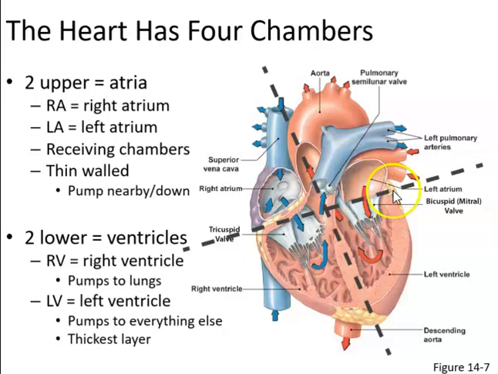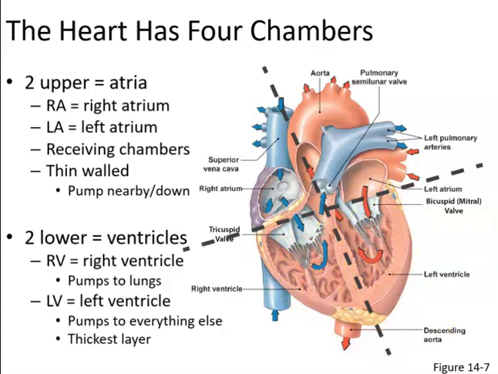And then we have this atrioventricular septum, which will be important later when we talk about the conducting system of the heart. This atrioventricular septum separates the right and left atria from the right and left ventricle. And then we have this very thick-walled interventricular septum separating the right ventricle from the left ventricle.